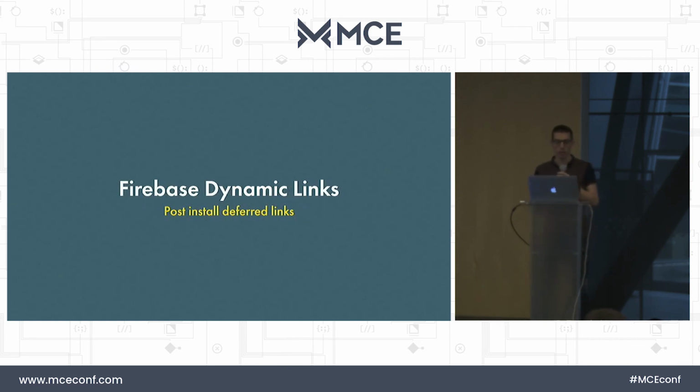Another interesting thing is Firebase Dynamic Links. The idea is to have post-install deferred links. Let's say, for instance, you're searching for a Warsaw to Paris train. If you don't have the app installed, you will be redirected to the Play Store. You will install the app, and then most of the time you won't have anything from the link used. So you will have the application displayed, but nothing pre-populated.